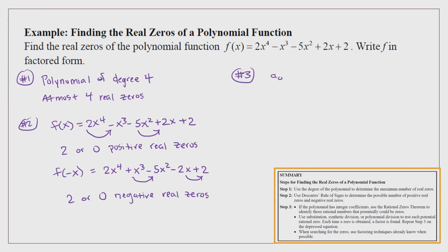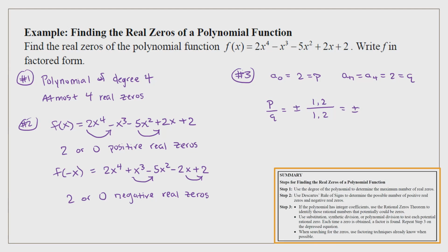So a sub 0 is 2, that's our constant, so that's P. A sub n, which is a sub 4, is 2, and that's our Q. So P divided by Q would be the factors of 2 divided by the factors of 2, which would be 1 and 2 and 1 and 2.